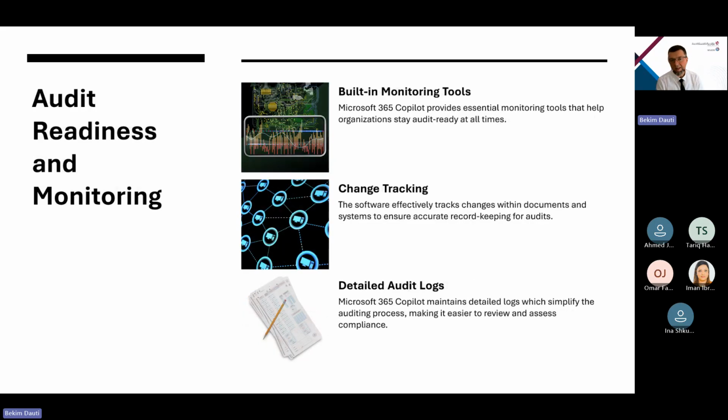Auditing readiness and monitoring. When it comes to auditing readiness and monitoring, the Microsoft 365 Copilot is providing essential monitoring tools that are going to help the organization stay audit-ready at all times.